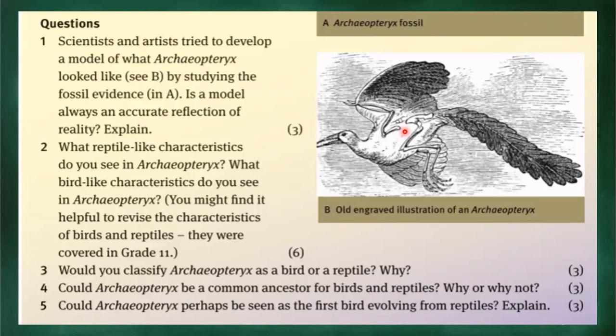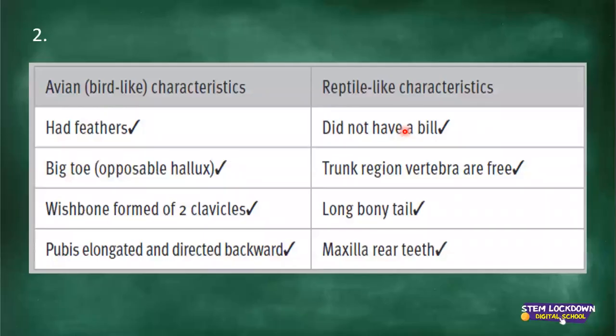And then question 2: what reptile-like characteristics do you see in the Archaeopteryx? What bird-like characteristics do you see in the Archaeopteryx? You might find it useful to revise the characteristics of birds and reptiles. These were covered in grade 11, ne? But let's just look through here.